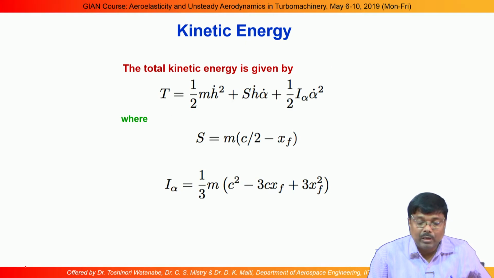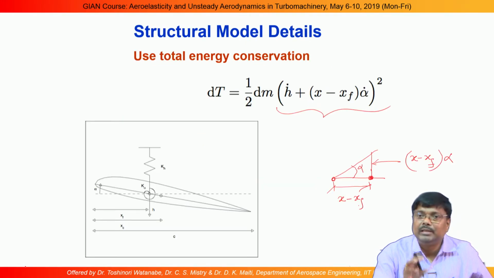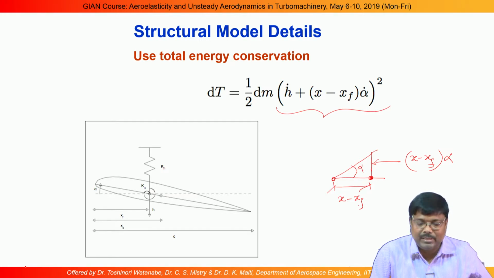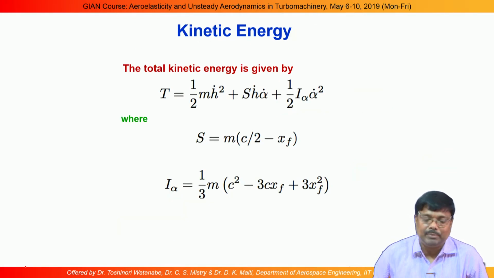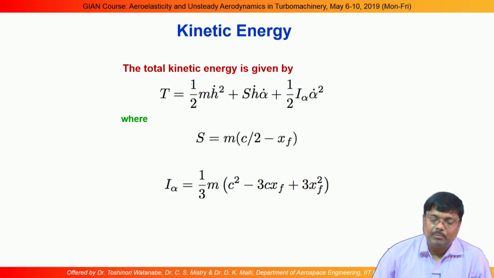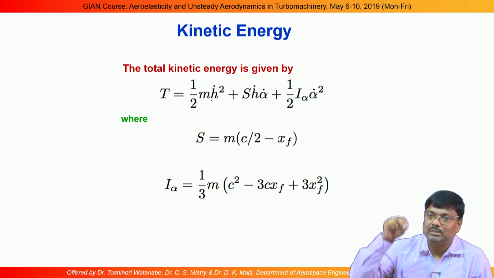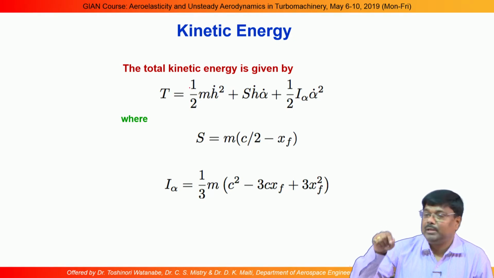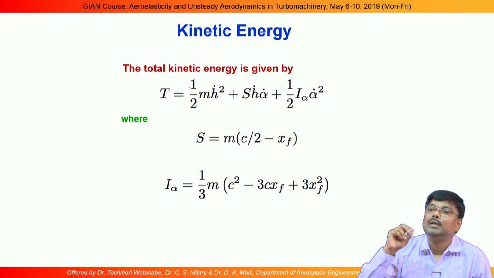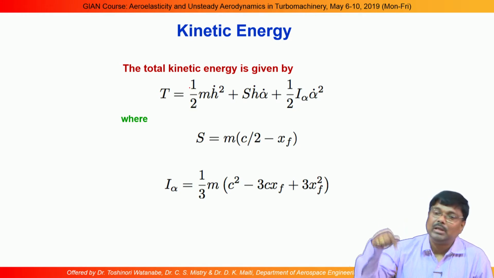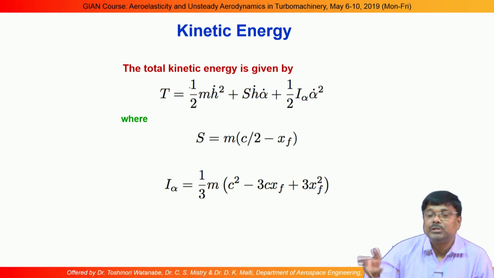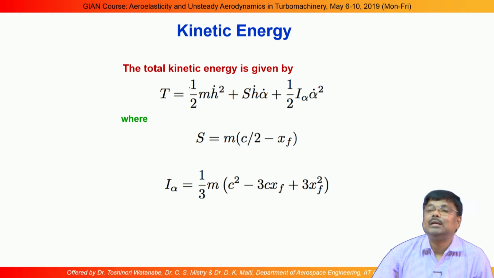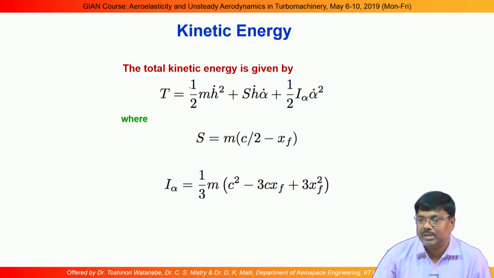So, the kinetic energy we can have in a simple form, I have expressed here. Finally, if I take the mass, this is the linear mass. So, mass is also related to the degrees of freedom, mass with the h, that is the total mass, but the rotational mass will be slightly different, that we call the mass moment of inertia.